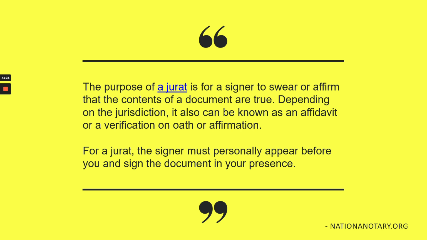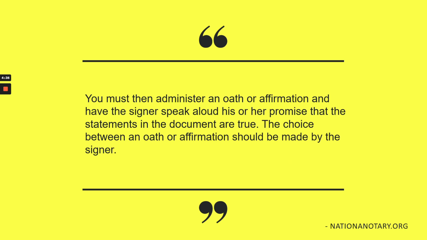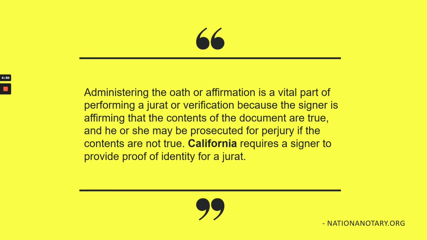Also, let's go back. A jurat can also be called an affidavit. That's another name for a jurat, or a verification on oath or affirmation. You must then administer an oath or affirmation and have the signer speak aloud his or her promise that the statements in the document are true. The choice between an oath or an affirmation should be made by the signer.